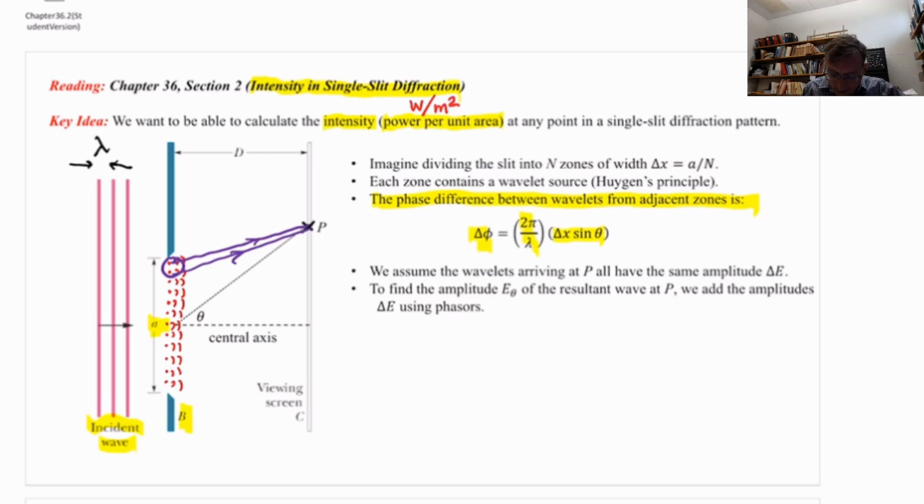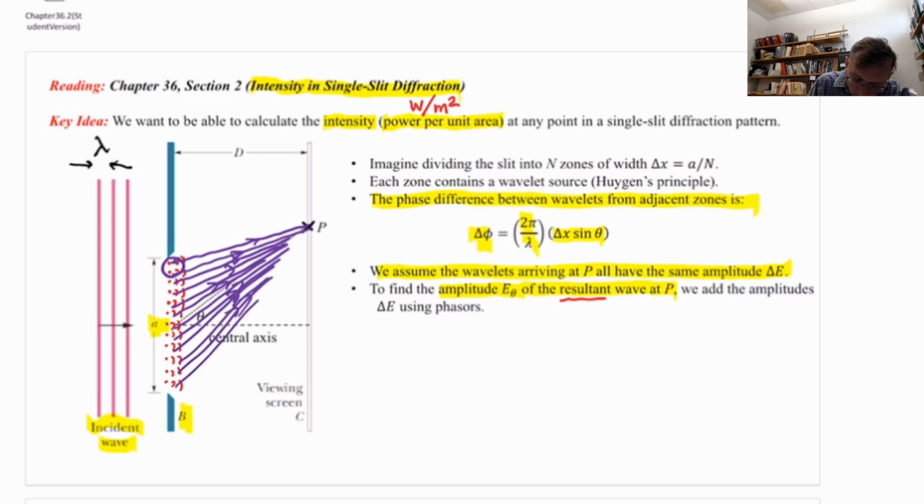Now, we assume that the wavelets arriving at point P all have the same amplitude. We'll call that delta E for the electric field part of the wave. And our job is to find the amplitude, we'll call that E sub theta, of the resultant wave at point P from adding up, superposing all the wavelets that come from all those little point sources that cover the whole area of the slit, all converging on point P. So we have to take all those wavelets and do a resultant to get the total.